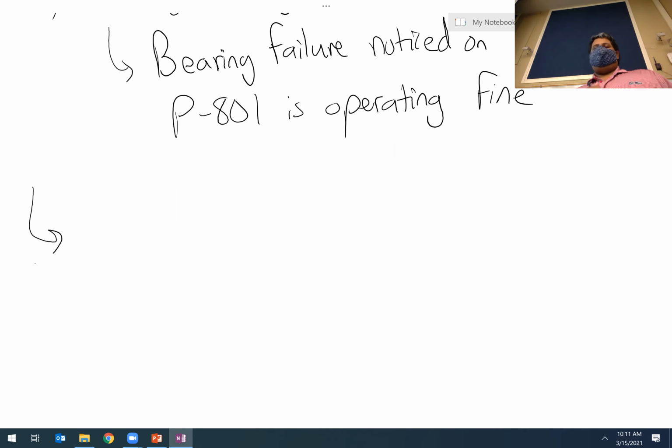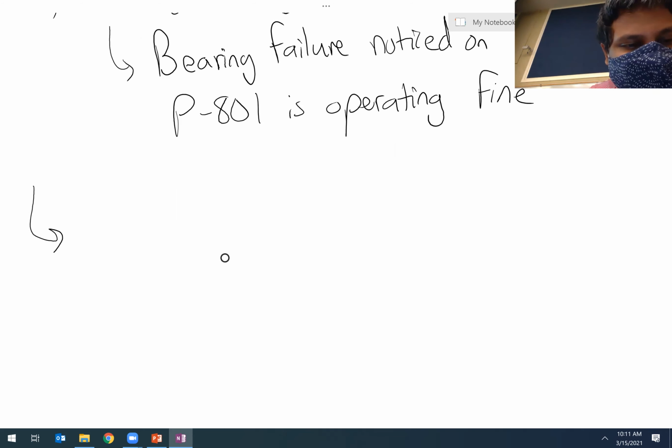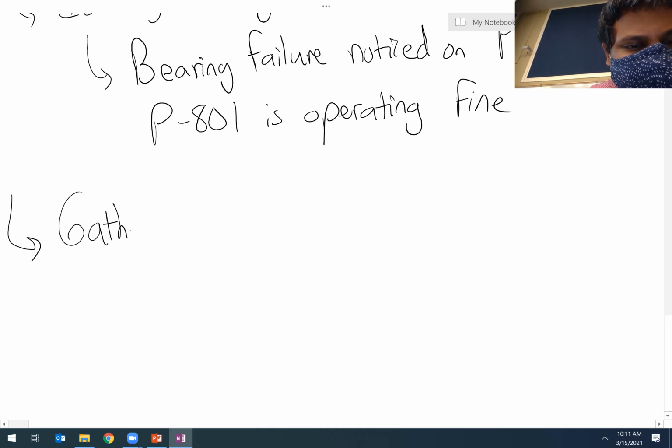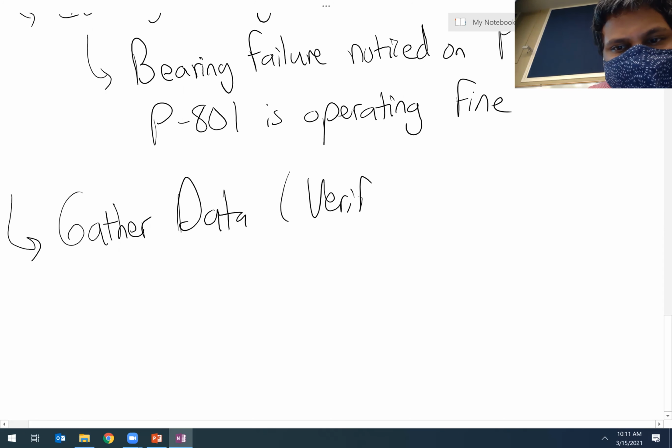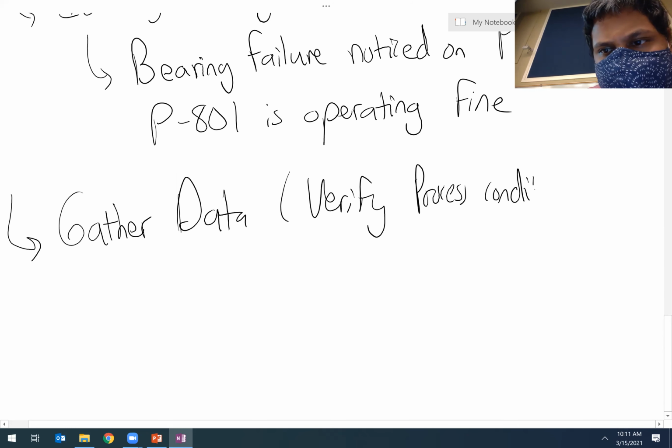Check parameters, right? So this is the gather data step. You can verify process conditions and unit operation performance.